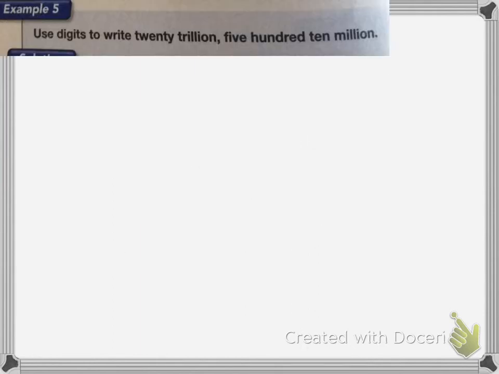With this one, it gives me the number in words, and I need to write it in digits. So it's 20,510,000,000. What's going to help is if I draw out a skeleton number line with the places. So I'd have my units, 1, 2, 3, comma, thousands, millions, billions, and then trillions. If you want, you can write the numbers underneath.